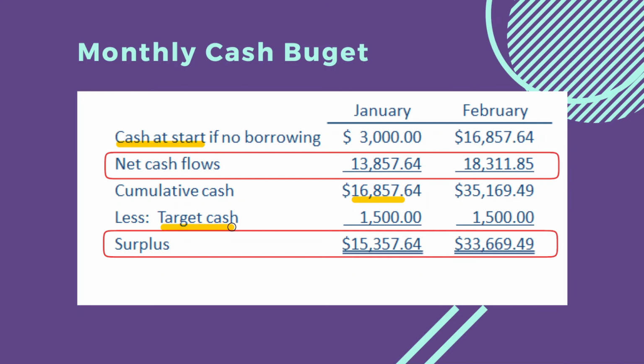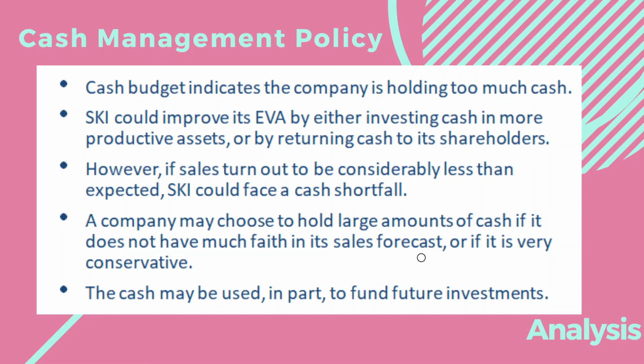So this is the target cash amount that the company must keep. Whatever is left, the surplus here, can be used for any activity: operating, investing, or paying back the creditors. This monthly cash budget shows that the company has sufficient cash in January and in February.